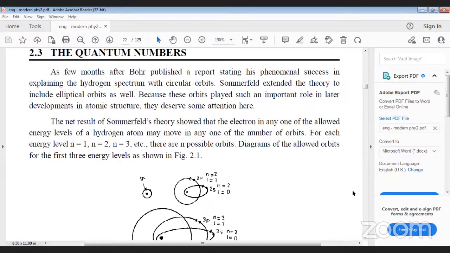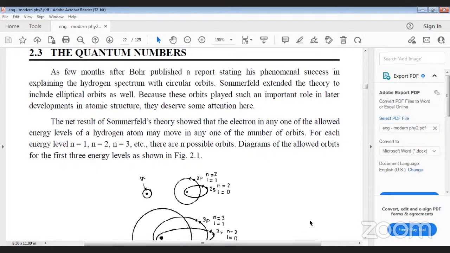Here you need to know what the quantum numbers are. For the hydrogen spectra, Bohr says that the electron revolves around the nucleus in a circular orbit, and later on Sommerfeld said that the electron revolves not in a circular but in an elliptical orbit.